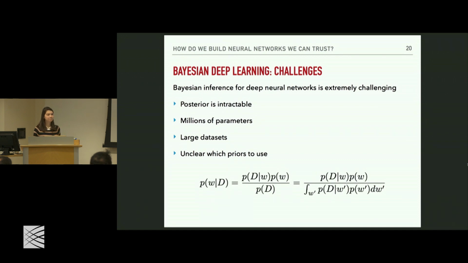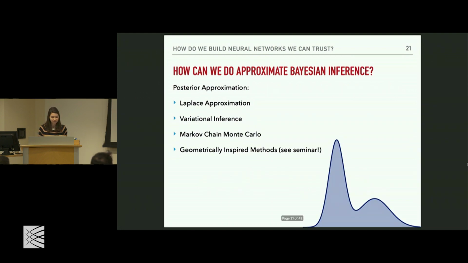So we have to resort to approximate inference techniques to find an approximate posterior distribution over parameters of deep neural networks.